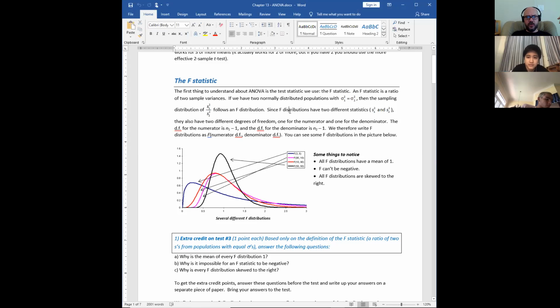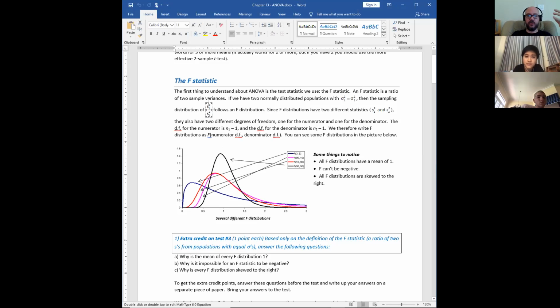Since sigma 1 equals sigma 2, when we make this ratio, S1 over S2, we would expect those things to be equal. The expected value of S1 is sigma 1, and the expected value of S2 is sigma 2. So when we make a ratio out of this, the expected value would be 1.